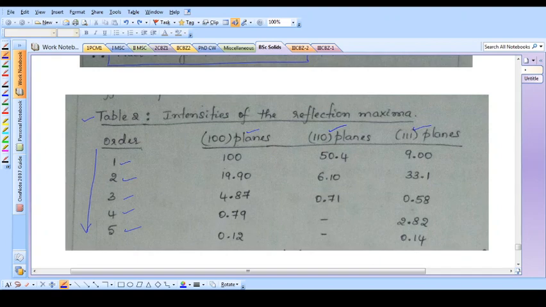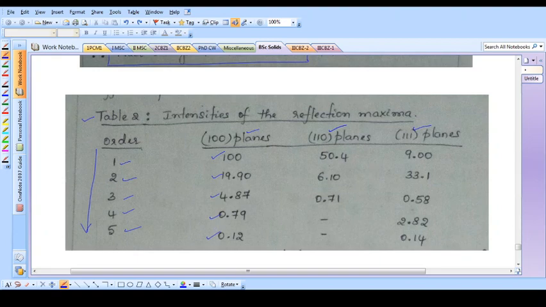All of these are relative values. If the first order reflection from 100 plane is given an intensity value of 100, then the relative value corresponding to second order reflection from a 100 plane is 19.9, third order reflection is 4.87, fourth order reflection is 0.79, fifth order reflection is 0.12.